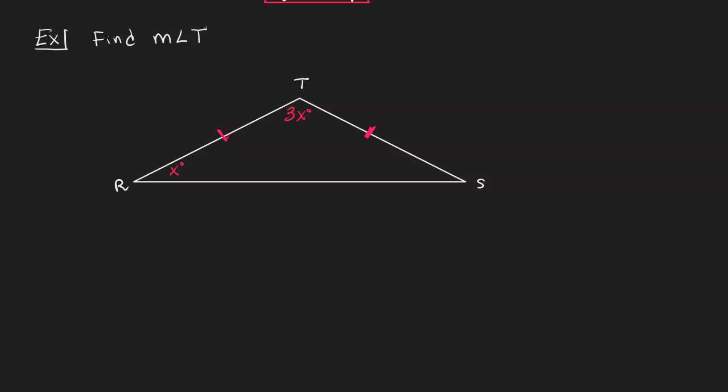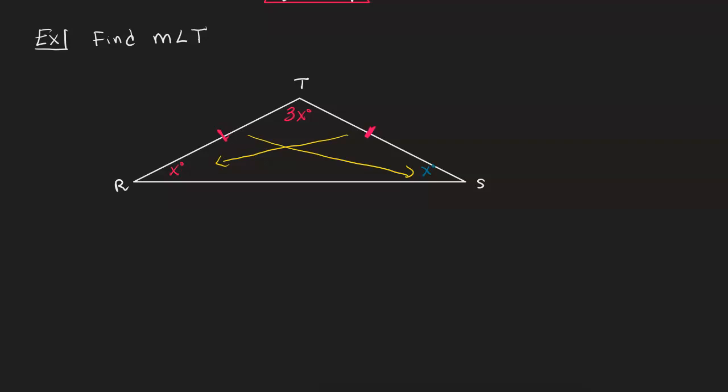Okay, well, I remember that opposite angles of an isosceles triangle are congruent, and I know that this is an isosceles triangle because of these congruency symbols. We got two legs that are congruent to each other, so that means angle S must also be x. That's my little degree symbol, by the way. Actually, I'll make it a little cleaner. There we go.